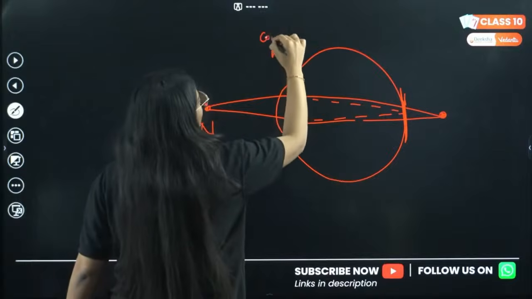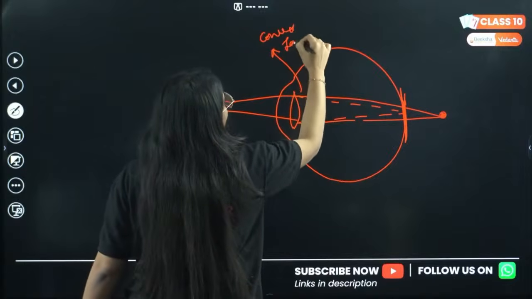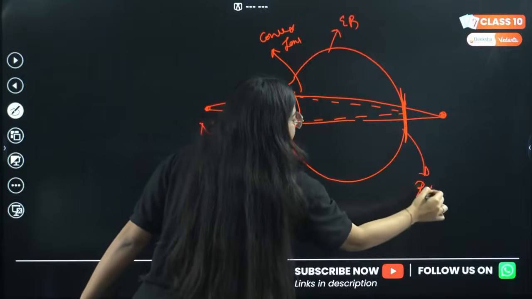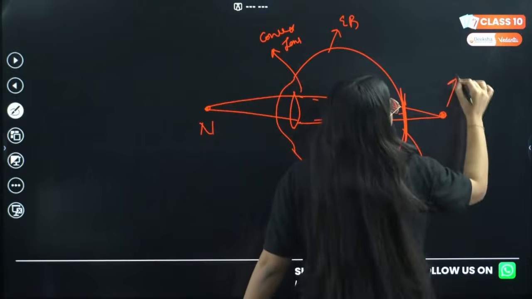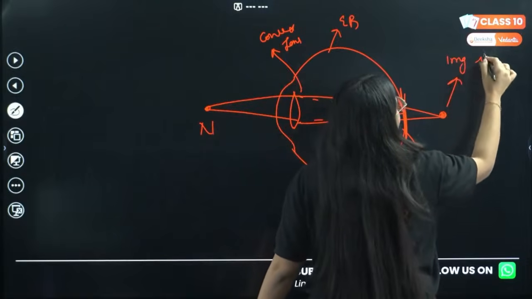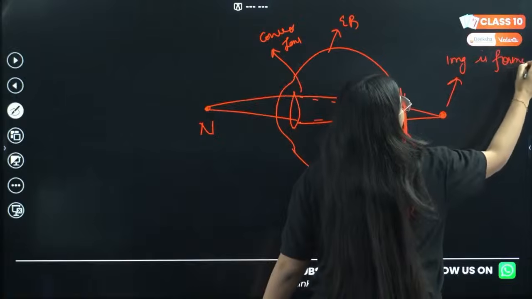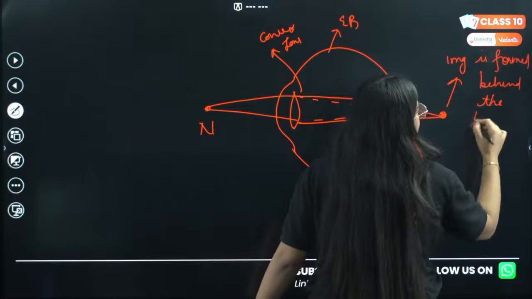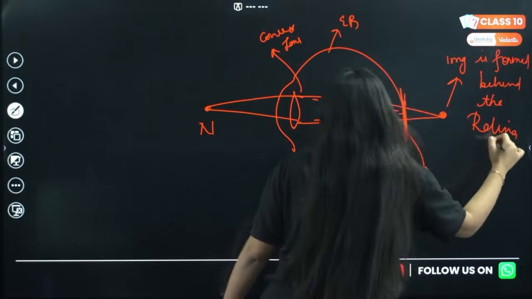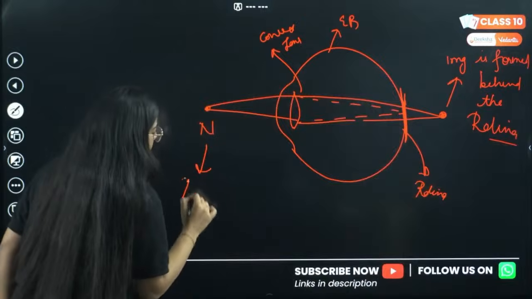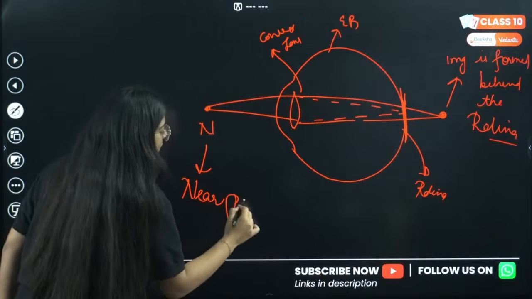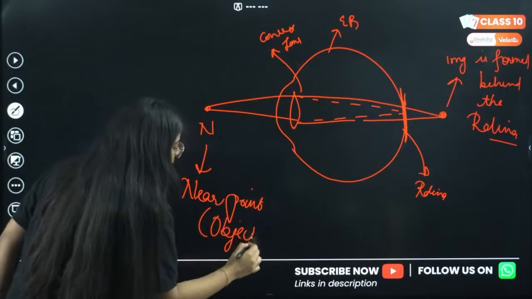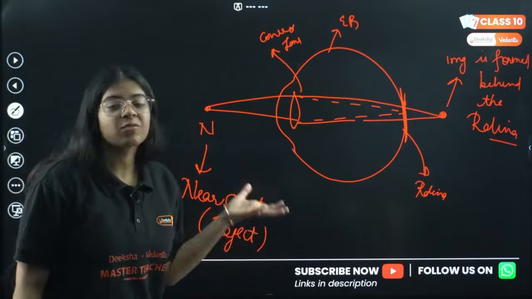This is my convex lens, this is the eyeball, and this is my retina, and here the image is formed behind the retina. And this is my near point, or we can say it's our object. This is a labeled ray diagram.